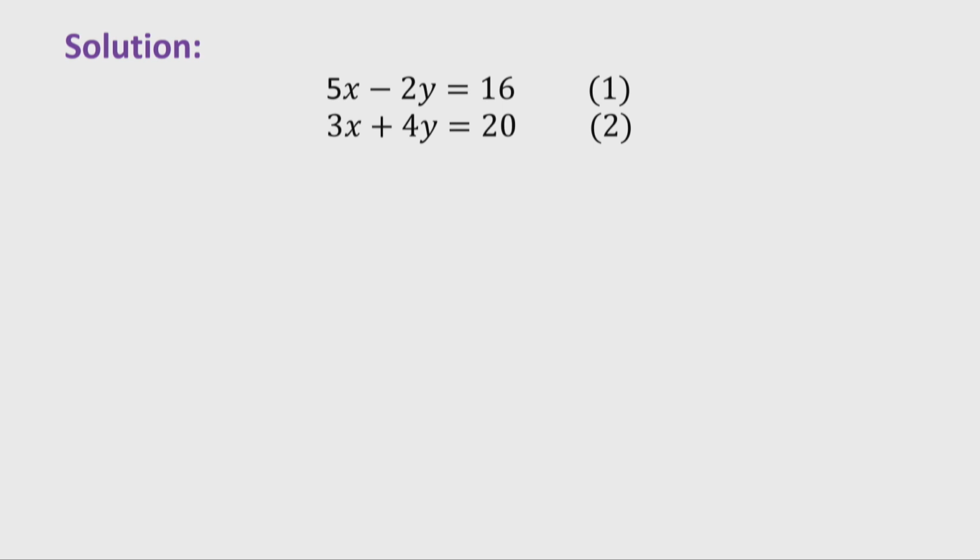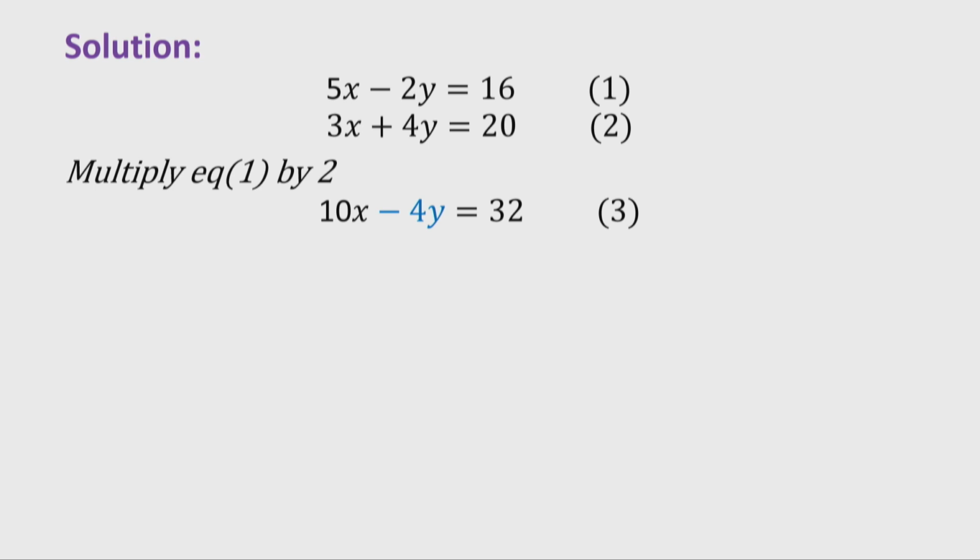The first step will be to label equation 1 and 2. Now, suppose I decide to eliminate the variable y. So I have to get the same coefficient for both equations for y. I decide to multiply equation 1 by 2 so that I will get 4y just as in equation 2.